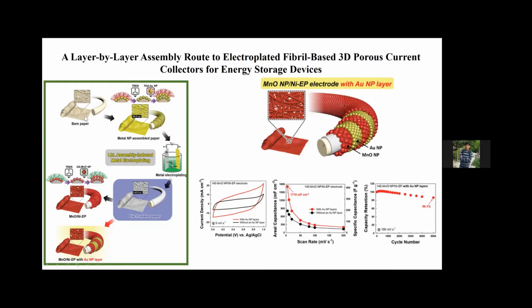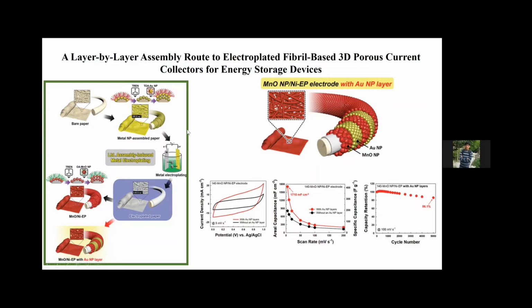So as a current collector, first we deposit a metal, then we deposit our metal oxide, and after that we again deposit metal and metal oxide. Like this we can get a coaxial-like structure, and also using the gel electrolyte we can make the supercapacitor devices, and we can achieve a very good specific capacitance.